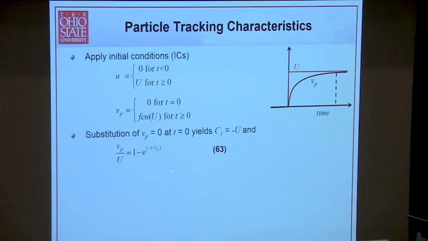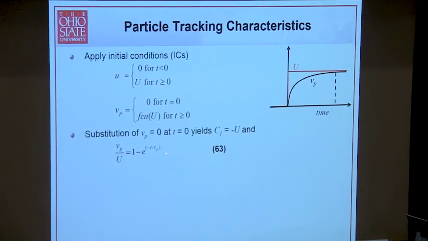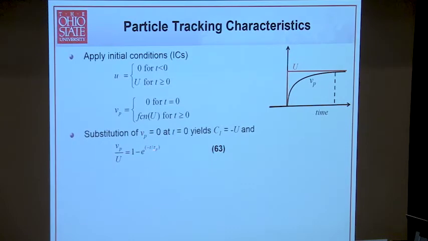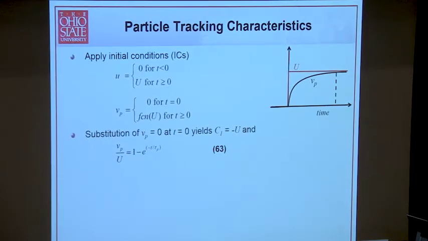And then we find that the ratio between the particle velocity and an instantaneous value of u can be written in this manner, where you can see that the difference between the particle velocity and the actual fluid velocity is just represented by this characteristic particle time. Okay? And the particle time was a function of the fluid parameters, the particle parameters, and the particle size mainly.